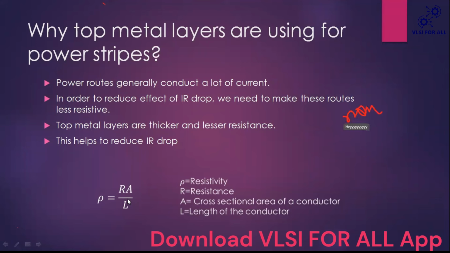So this is the formula for the resistivity. Next, as I said, we maintain more width for the power rods. If you are using those power rods in the middle metal layers or bottom metal layer, that will lead to occupying more routing tracks.